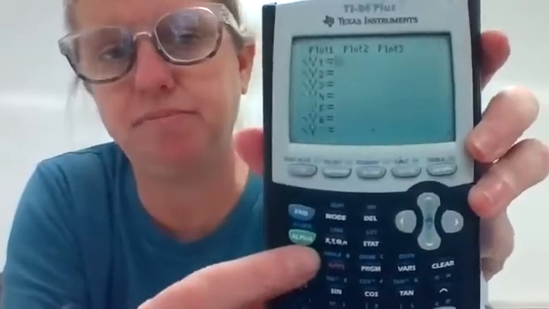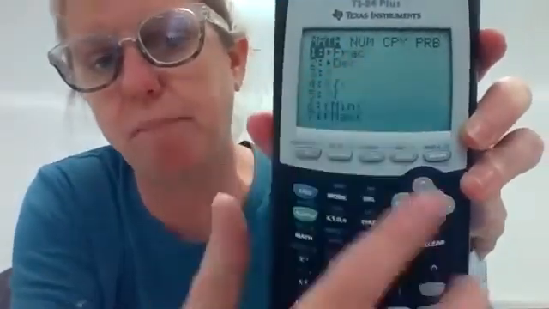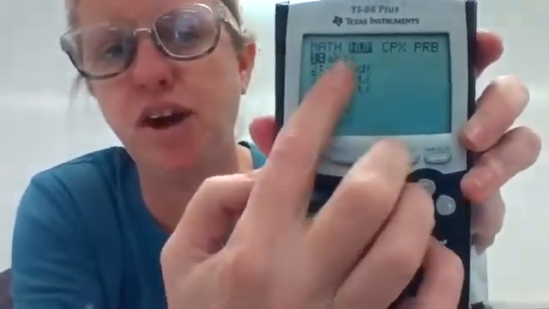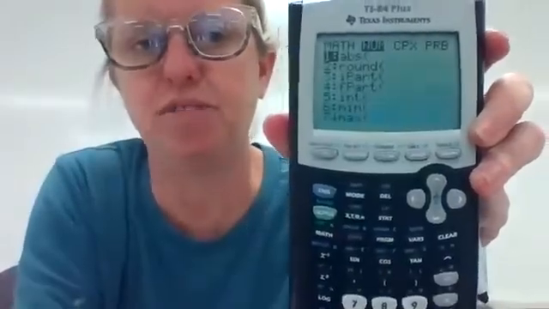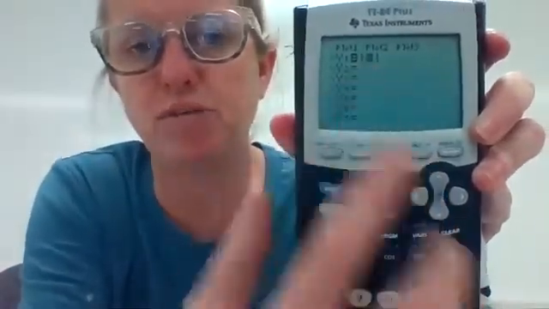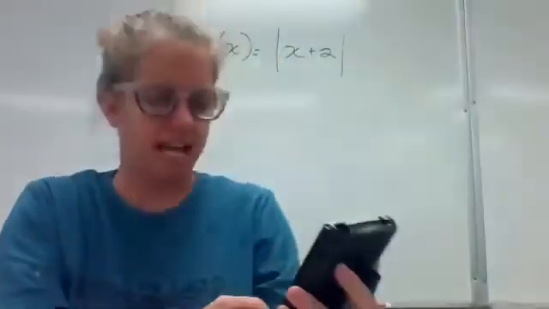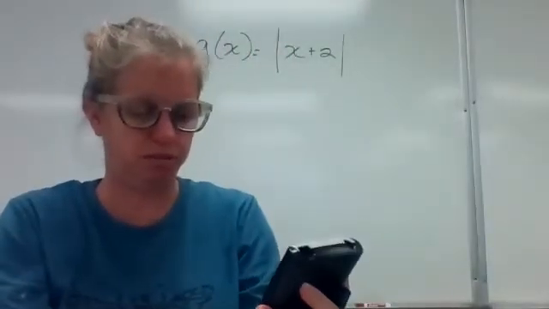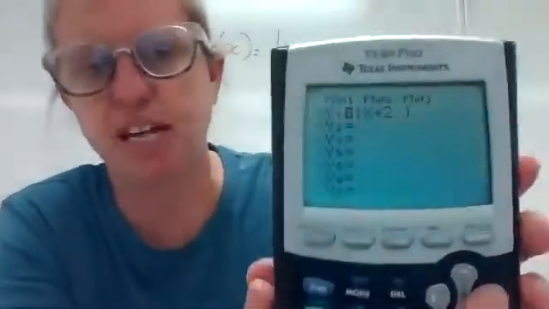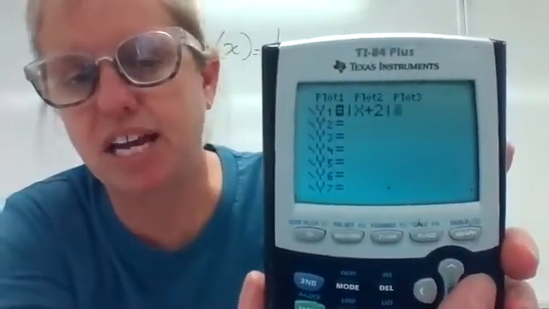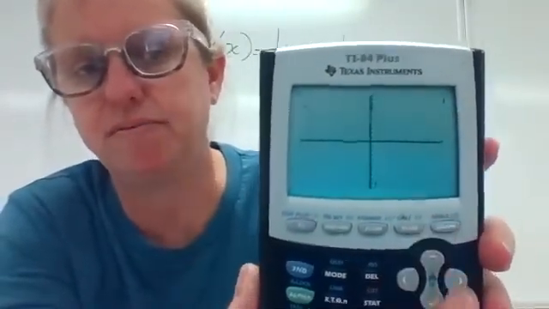If you hit the math button and then go over to number, the very first thing under number is absolute value. That'll give you those absolute value symbols. And this one is x plus 2. So I'll just put the x plus 2 in there, then right arrow to get out, graph it.